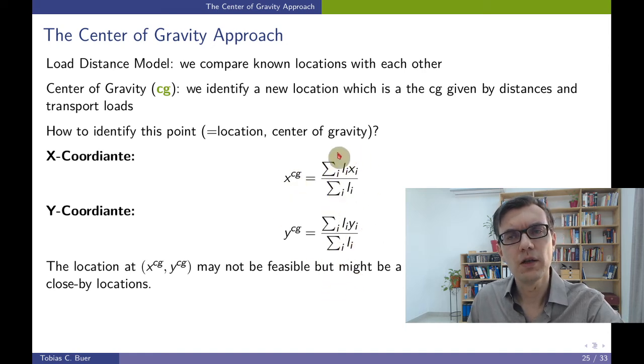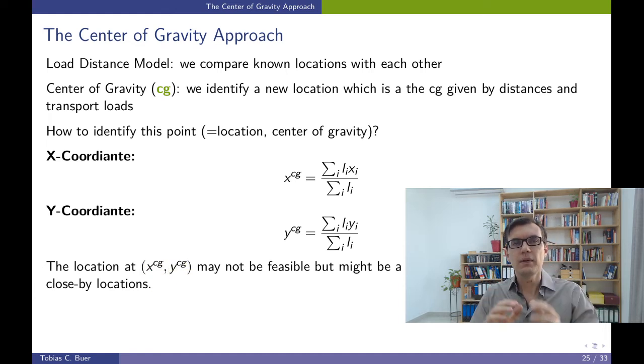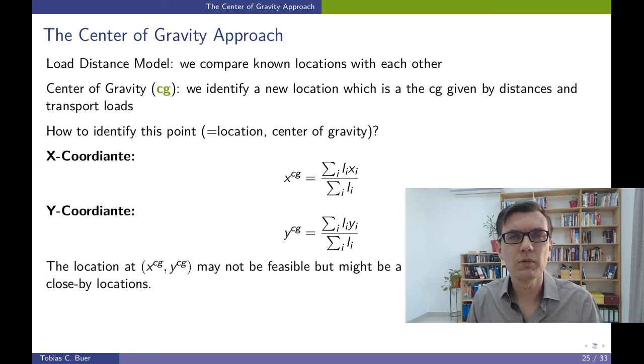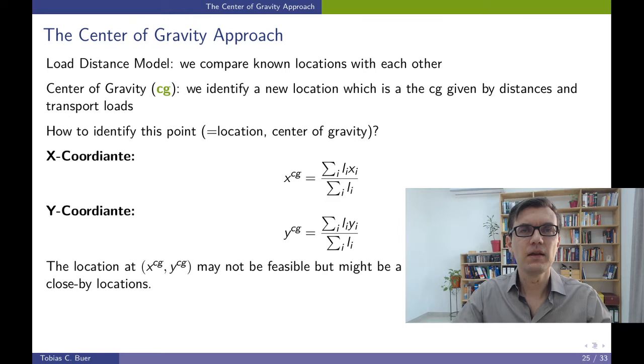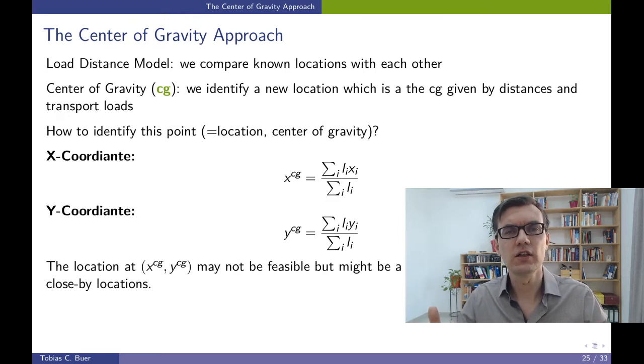So by doing this approach, by calculating the x and y coordinates, we find one point, and this point is called the center of gravity. What can happen in practice is that at this point we are not really able to open a facility. It might be in the middle of nowhere, not connected to the road network.